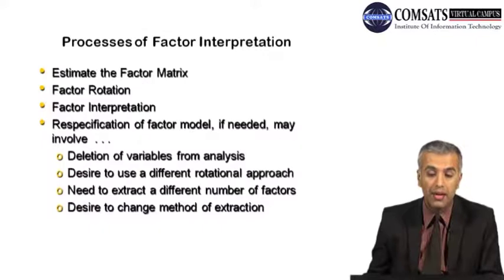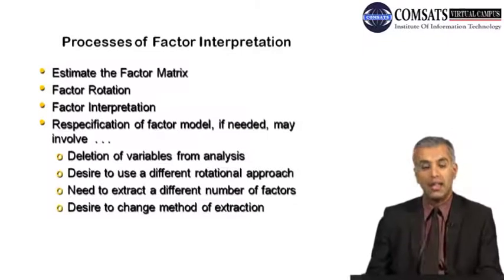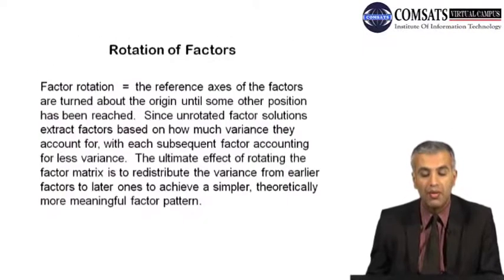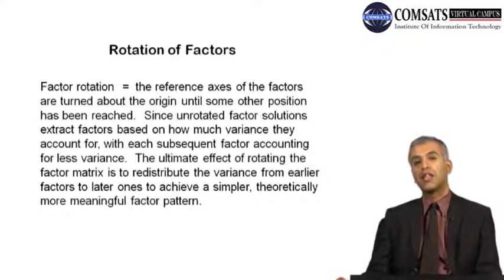Then we had a discussion on the processes of factor interpretation, how to estimate the factor matrix, how to rotate it, and the factor interpretation in this case. And if we have to re-specify the factor model, what decisions we will have to take. Based on that, we moved on to another important topic, which is termed factor rotation.